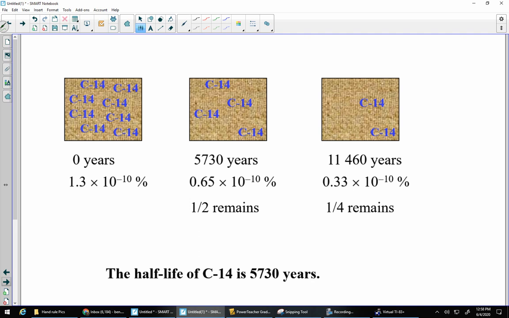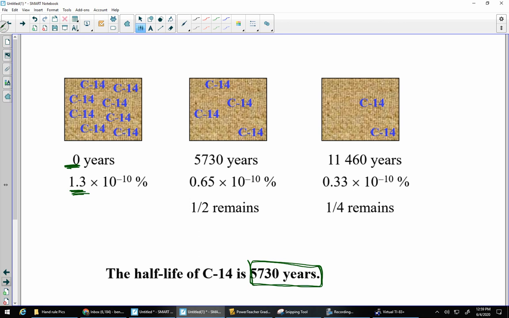It's got a half-life of 5,730 years, which means after 0 years have passed, the ratio is about 1 trillion regular carbons, carbon-12s, for every 1 carbon-14.